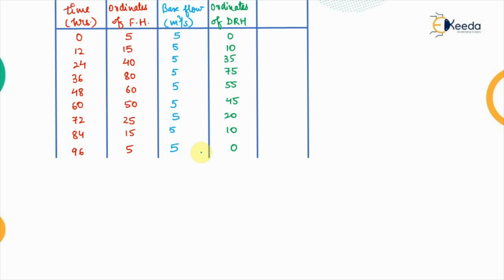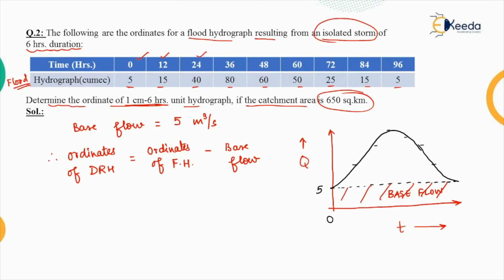Now to convert it back into the unit hydrograph, we have to divide it by the effective rainfall. Now we have to determine the ordinate of the 1 centimeter hydrograph. That means we are talking about the unit hydrograph, and the duration will be the same, that is 6 hours.